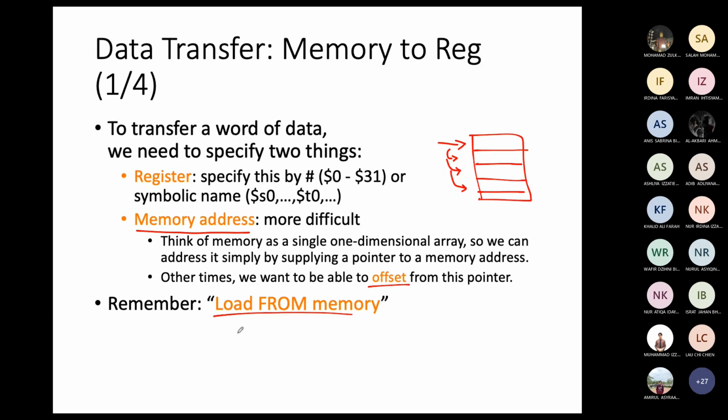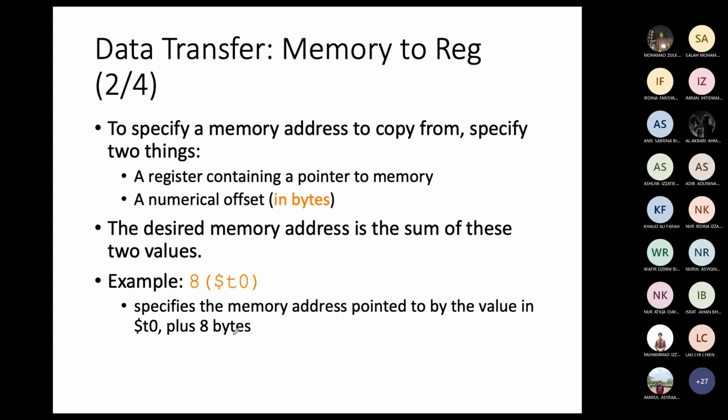Load from memory. To specify a memory address to copy from, we need to specify two things. One is the register that will contain a pointer to the memory. It's like a constant. When you try to make a register become a pointer, usually you will write it like this: int asterisk a.